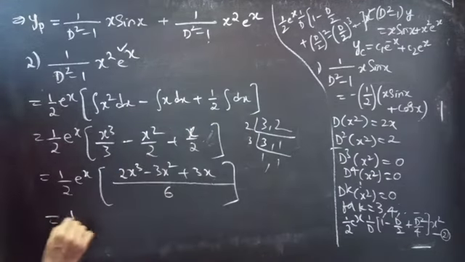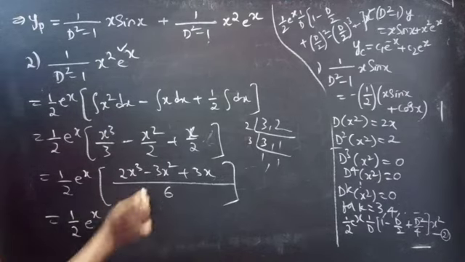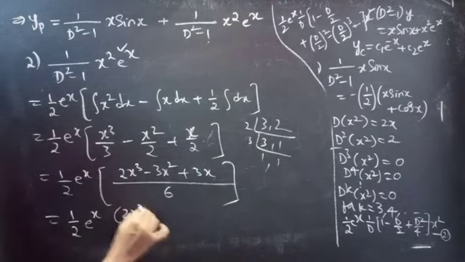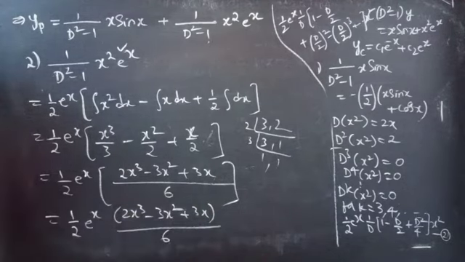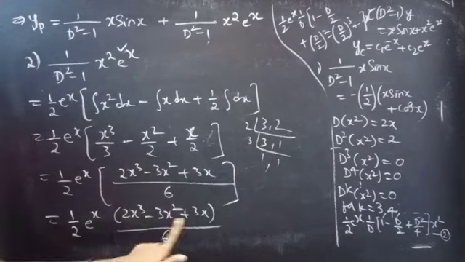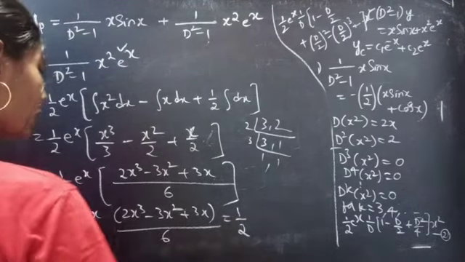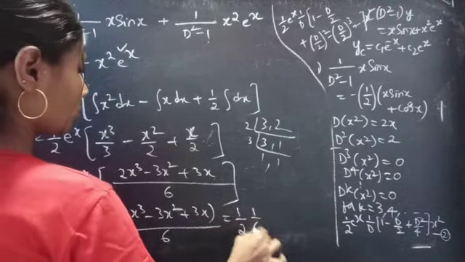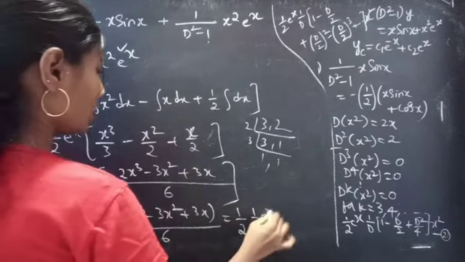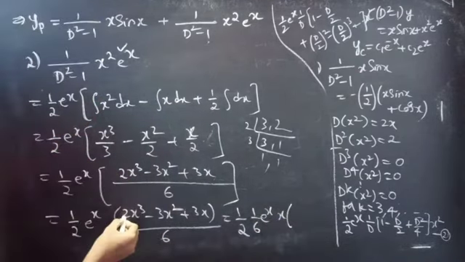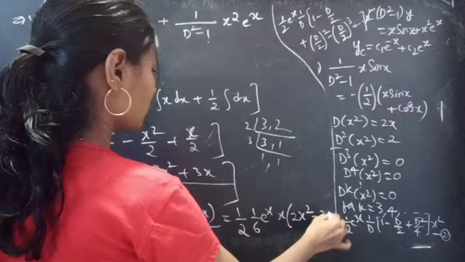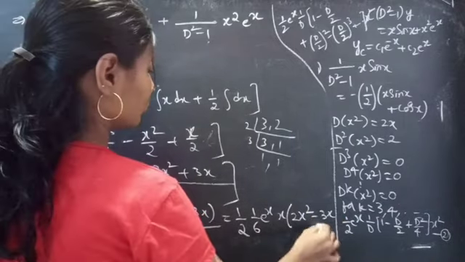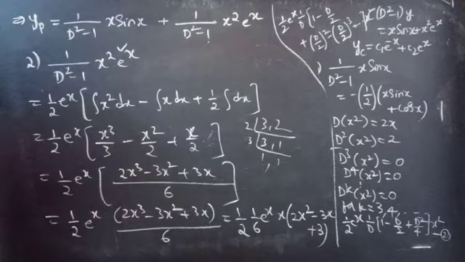Got it? So this equals 1/2 e^x times the fraction (2x³ - 3x² + 3x)/6. Now take x common from all these three terms. We'll get 1/2 times 1/6 e^x times x(2x² - 3x + 3).